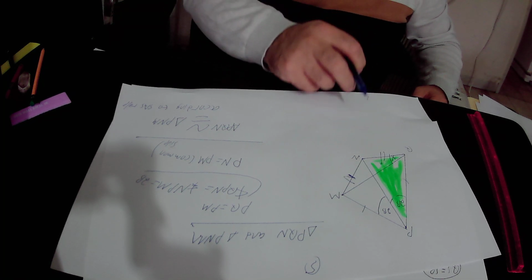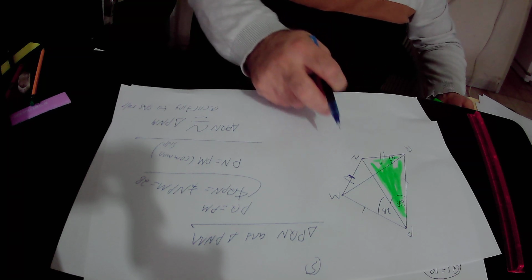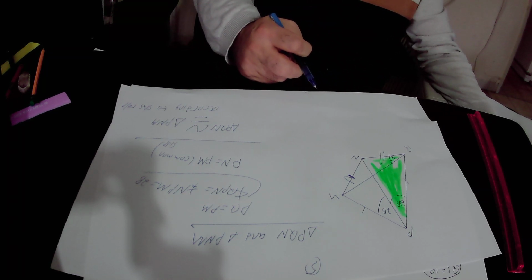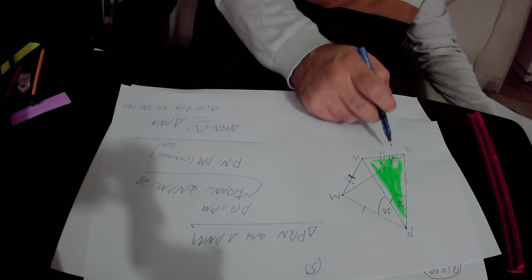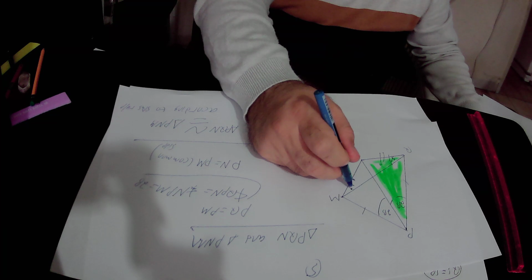But because QN equals NM, according to the rule that in front of equal sides in a triangle there are equal angles, it means that if this angle is x, this angle must also be equal to x.